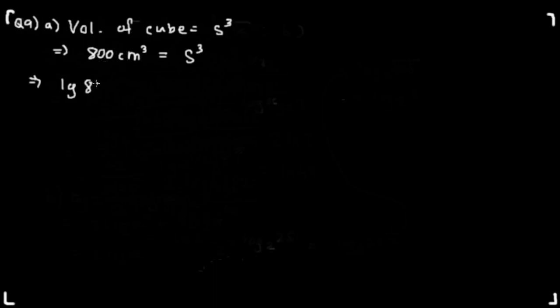So lg of 800 is equal to lg of s cube. This is the same as, well, I should probably write it like this: lg 800 equals 3 lg s.